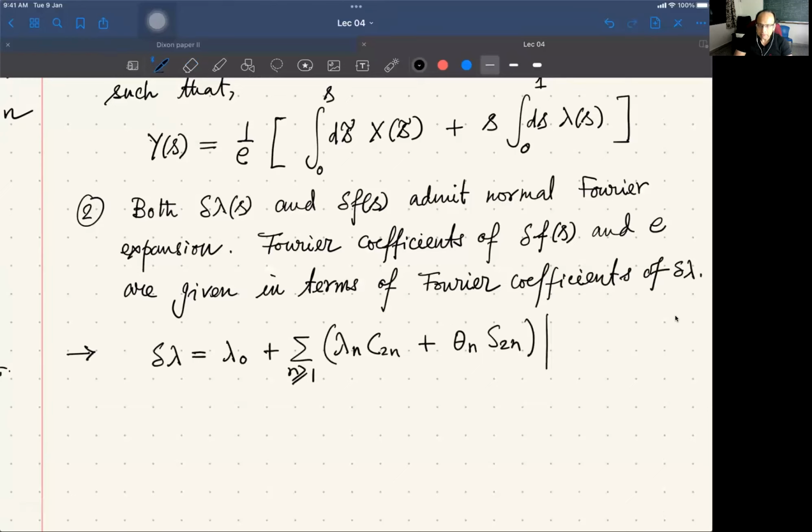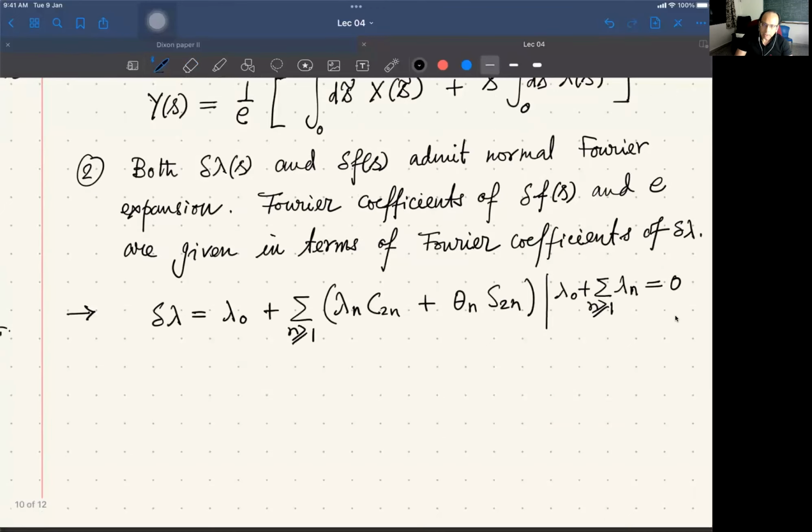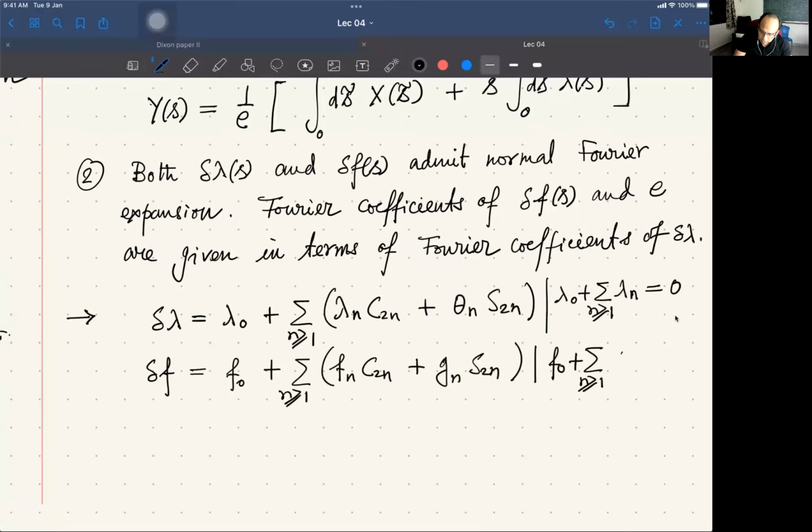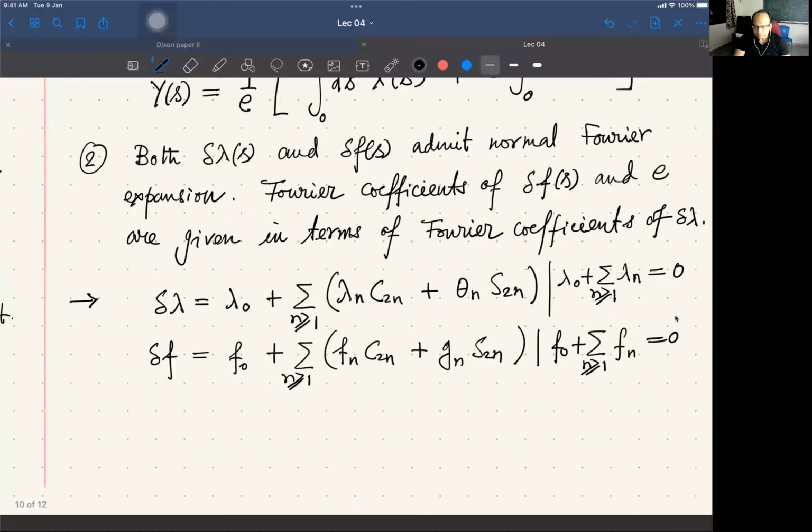Because delta lambda is 0 at the boundaries, one would have lambda 0 plus sum over n greater than or equal to 1 lambda n equal to 0, and delta f should be f0 plus sum over n greater than or equal to 1 fn c2n plus gn s2n. It also satisfies the same conditions for the coefficients, which means f0 plus the sum of fn is equal to 0.